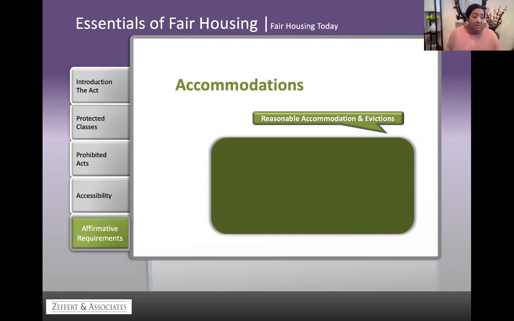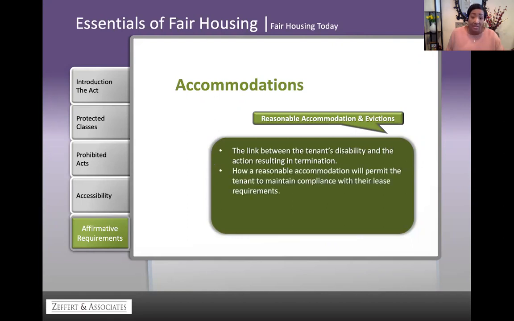A person with disabilities may request a reasonable accommodation as an alternative to termination of tenancy. In such cases, the tenant should be able to demonstrate the link between the tenant's disability and the action resulting in termination, and how a reasonable accommodation will permit the tenant to maintain compliance with their lease requirements.